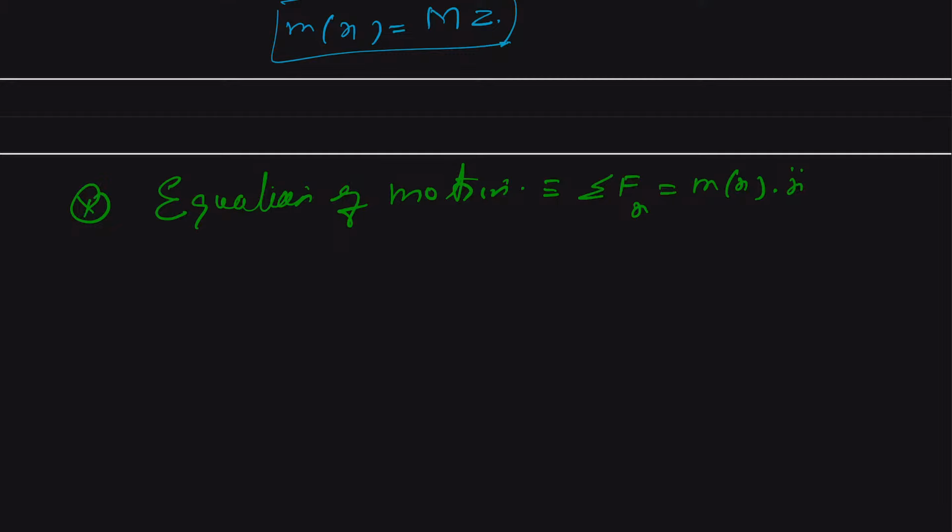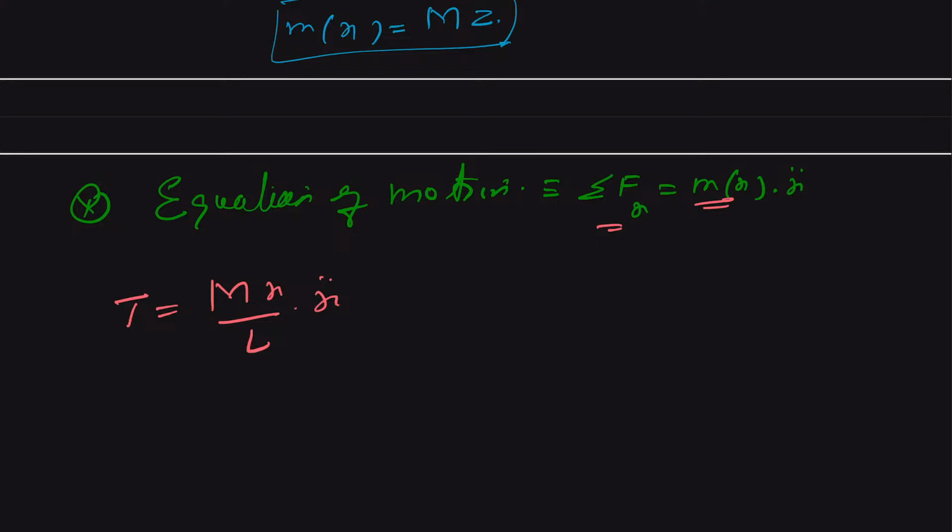This horizontal force summation is only tension T. Therefore, tension T equals m of x, which is m x upon L, times the double derivative of the distance.